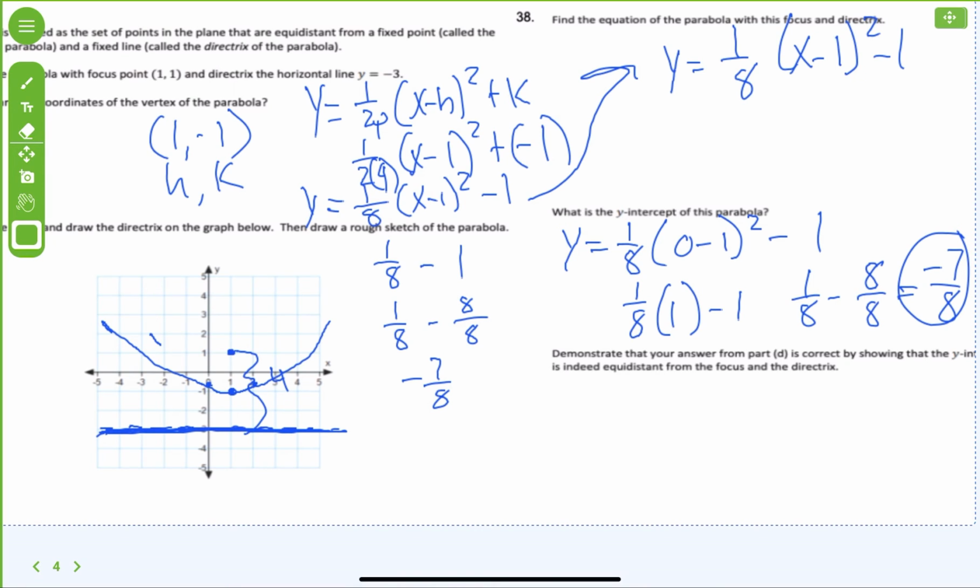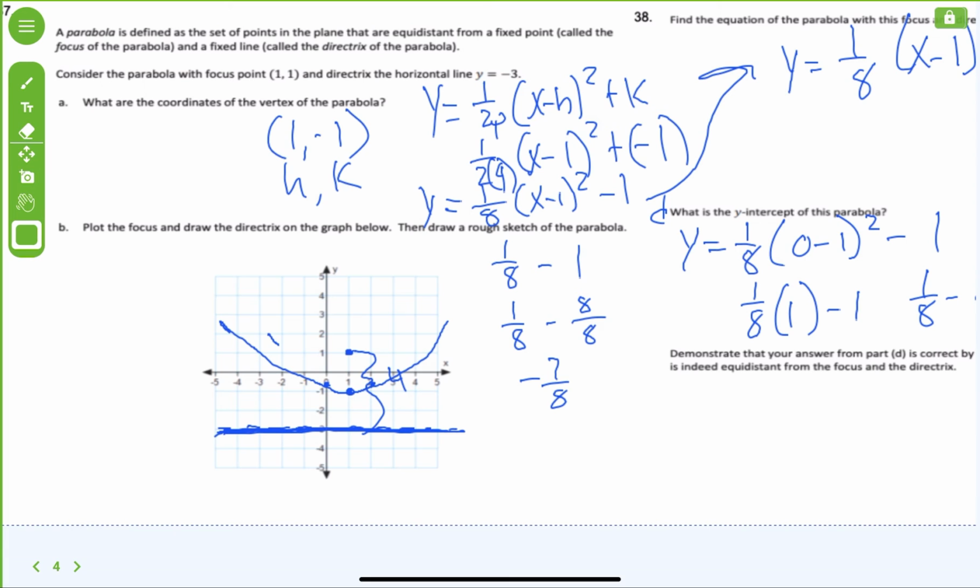Now it says, demonstrate that your answer from part D is correct, by showing that the y-intercept you identified is indeed equidistant from the focus and the directrix. Remember, the definition of our parabola is that it is defined as a set of points in the plane that are equidistant.